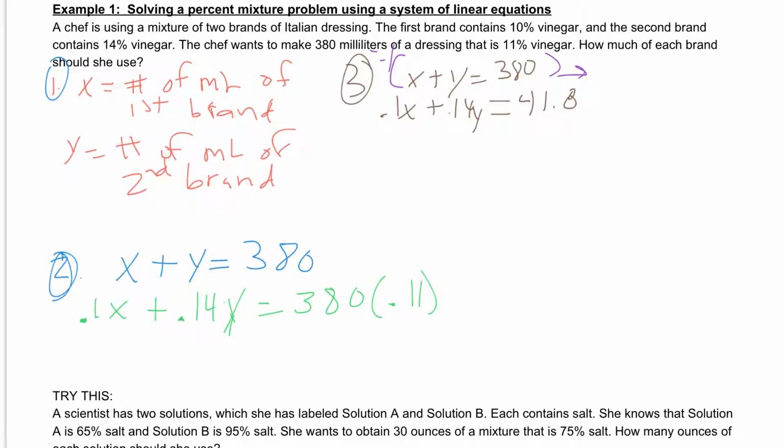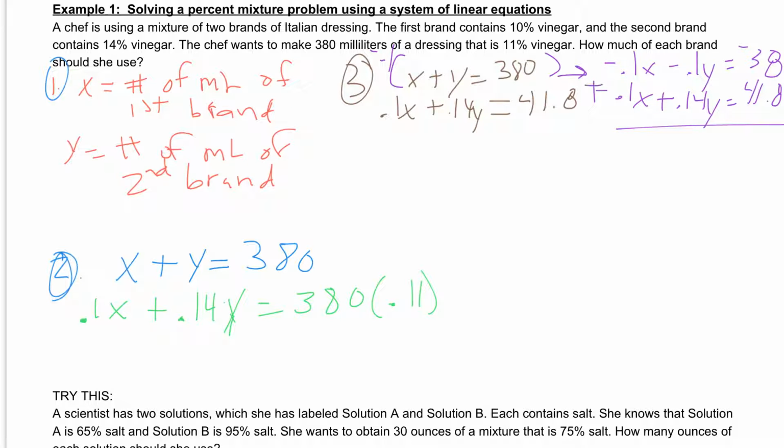That's going to give me negative 0.1x minus 0.1y equal to negative 0.1 times 380, which is negative 38. And my bottom equation is going to stay the same. I have 0.1x plus 0.14y equal to 41.8.